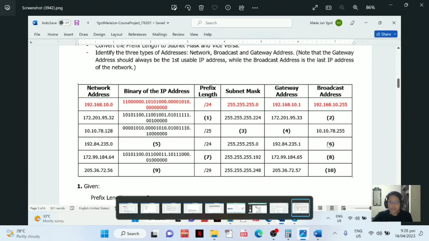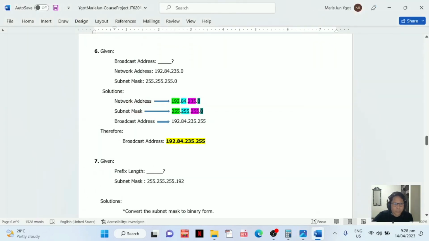So once again, in order to get the broadcast address, we need the network address and the subnet mask. So we have our network address, which is 192.84.235.0. And we also have our subnet mask 255.255.255.0.